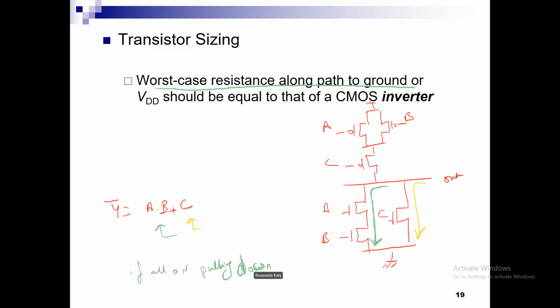But what I care for is that as I am pulling down through one route, either green or yellow, I want to size them such that this route, the green or the yellow, has the same resistance as that of the inverter. So the worst case resistance, every single path from out to ground, should have equal delay or resistance to that of the CMOS inverter.